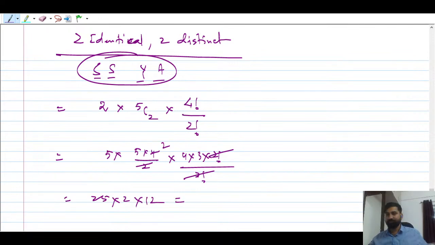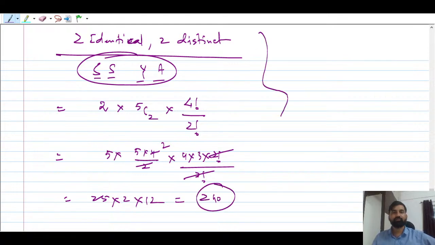What answer are you getting? 2C1, 5C2, yes, that is correct. 2C1, 5C2 and 4 by 2 factorial. Perfect. So 240 is the right answer. Very good, Atif. So here 240 is the answer.